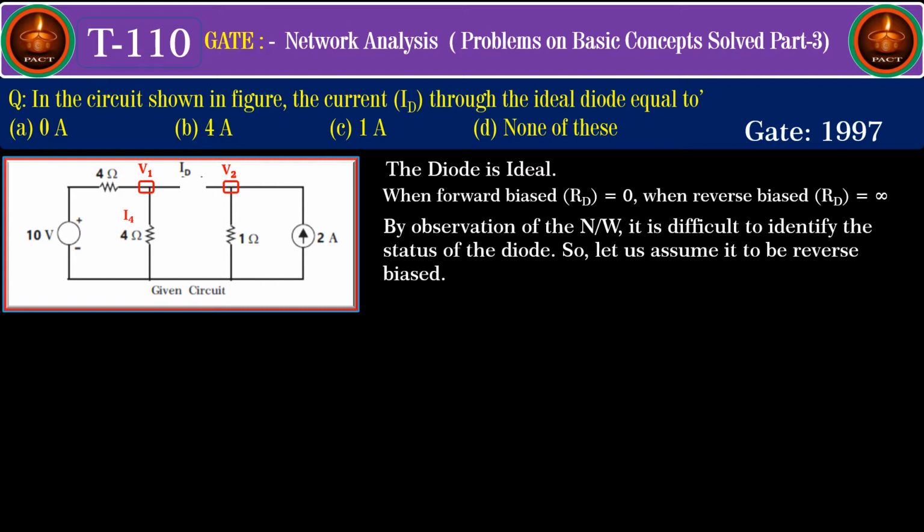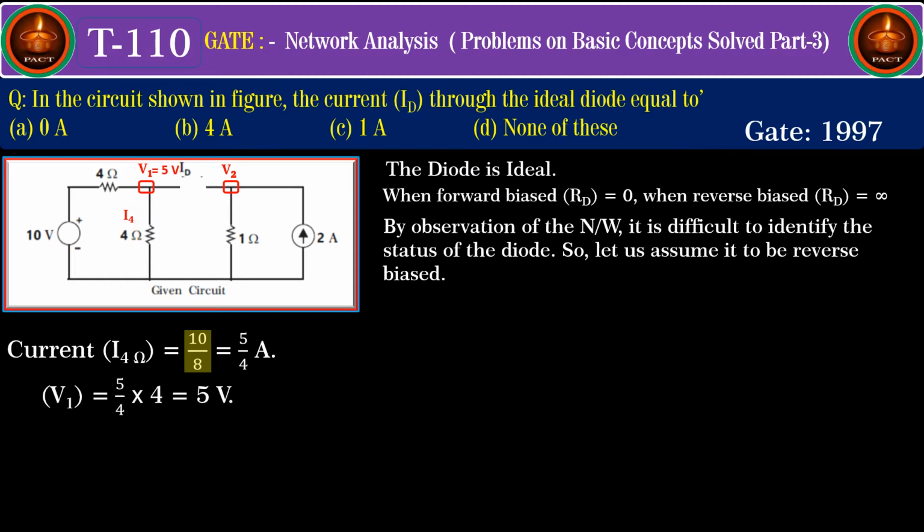To find the current in the 4 ohm resistor, we know I4 ohm is equal to 10 volts divided by 8 ohm, which is 5 divided by 4 amperes. That is simple. So, V1 is equal to 5 divided by 4 into 4 ohm, and V1 is equal to 5 volts.